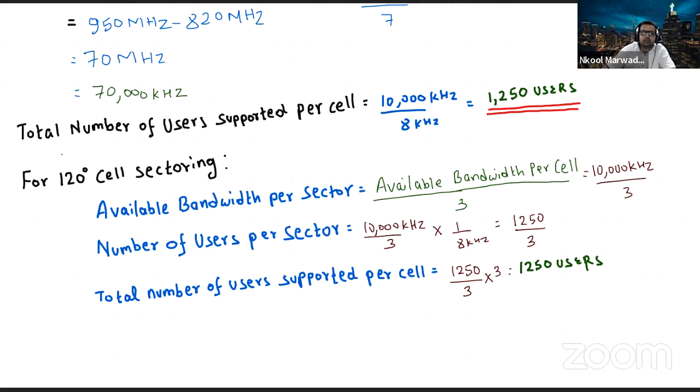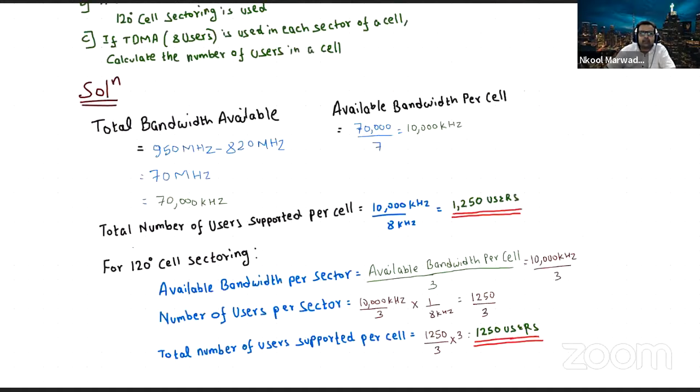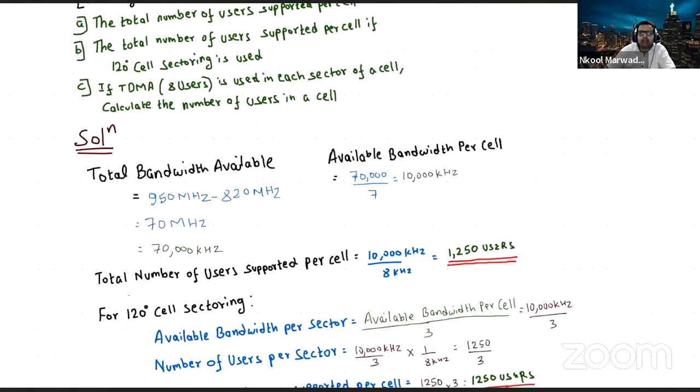So this question is also done. We completed the A part and B part. Now the C part is if TDMA, time division multiple access, is 8 users.